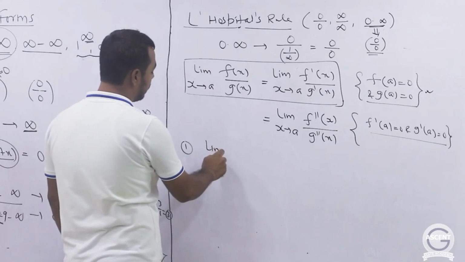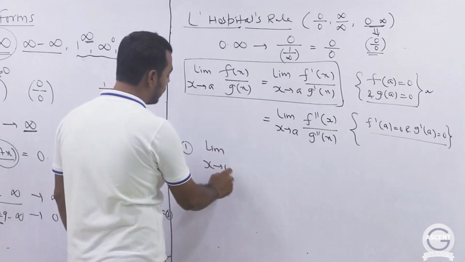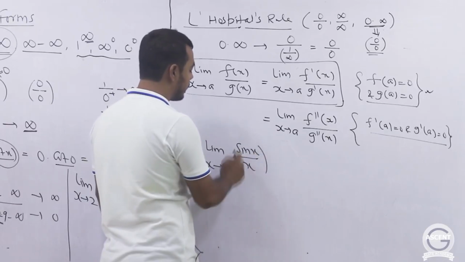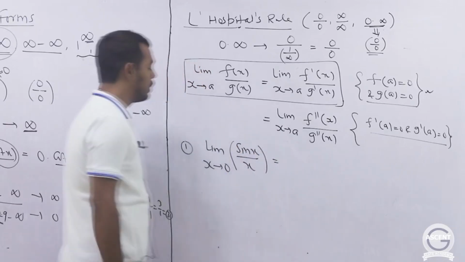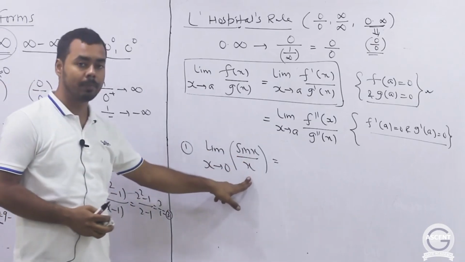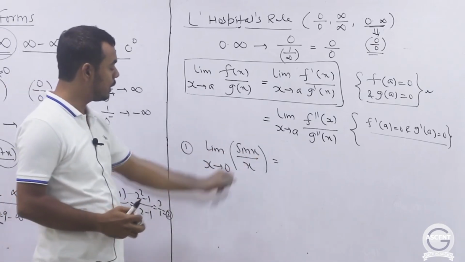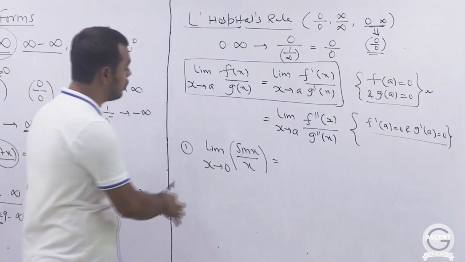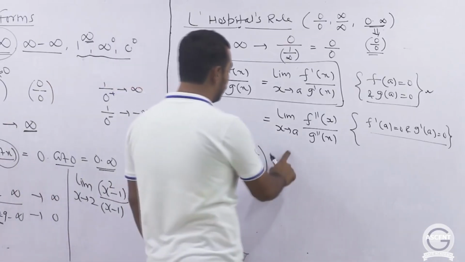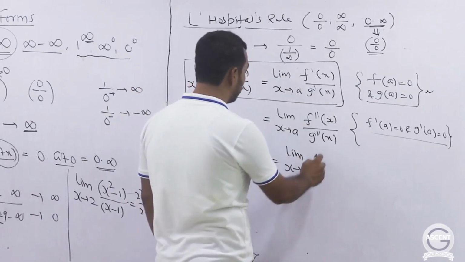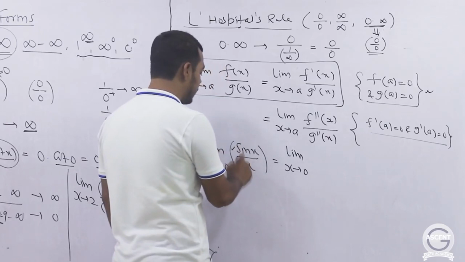Now after this there are some standard results, based on this L'Hopital rule, that you need to know. The first one is limit x tending to 0 sin x by x. As you can see, this is giving us 0 by 0 indeterminate form. If you place x equals to 0 here, then you will get sin 0 by 0. So since it is 0 by 0 indeterminate form, you can apply L'Hopital rule here. Differentiate these two separately.